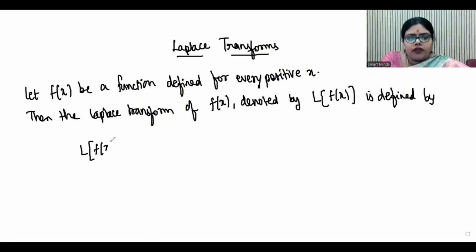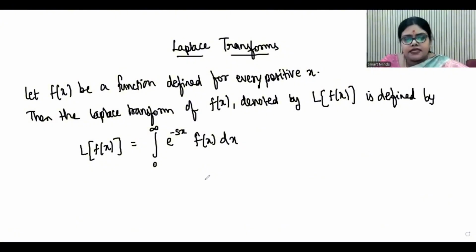L of f of x is equal to integral 0 to infinity e power minus sx f of x dx, provided that the integral exists. S is a parameter which may be real or complex.